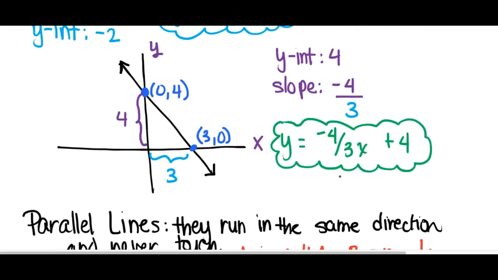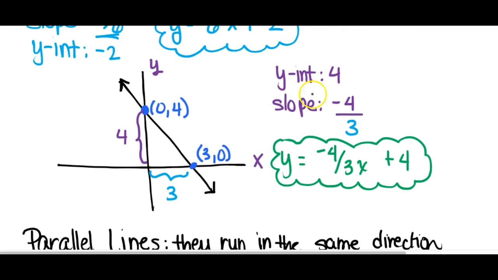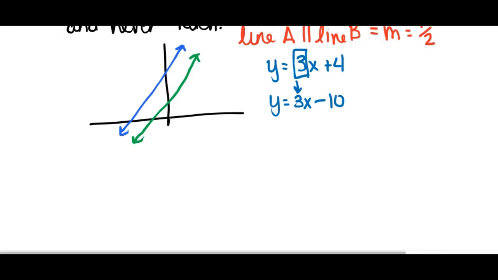But remember, our main focus is right here, where we're looking at our y-intercept and slope. So let's talk about that with these two. So if this point right here is 0, 3, and this point right here is -2, 0, we could find the line.